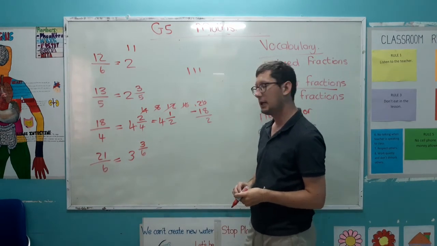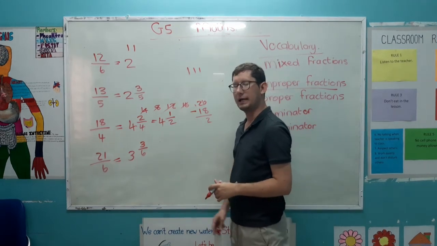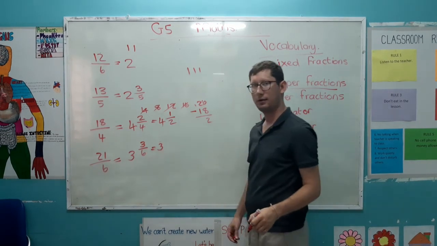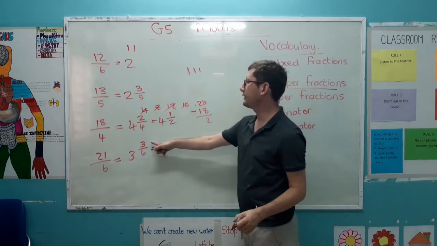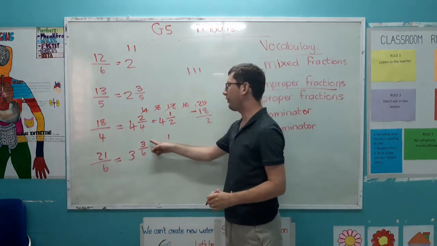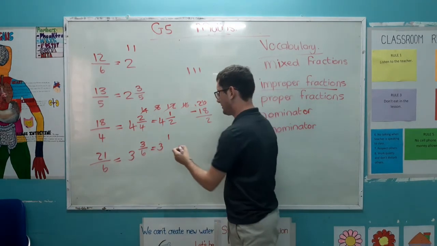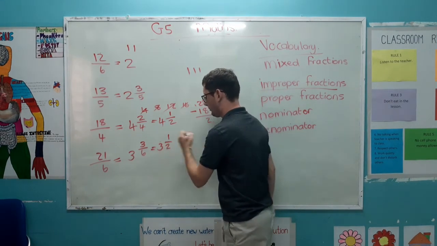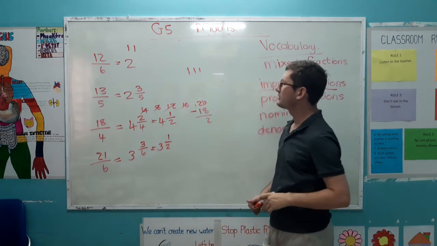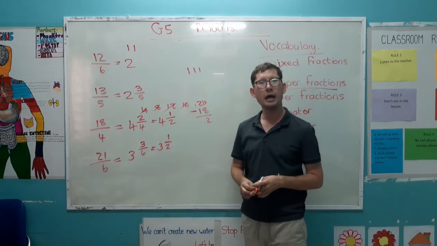You all understand? But we can even reduce that. 3 goes into itself 1 time, and 3 goes into 6 2 times. So this is how you work it out, okay?